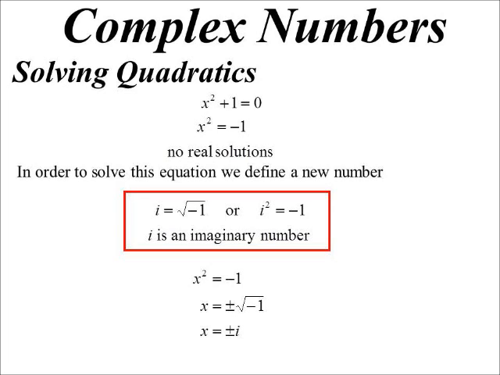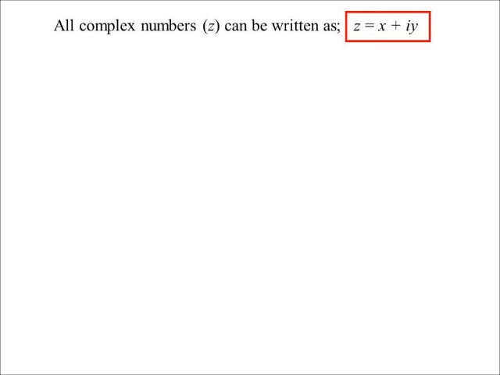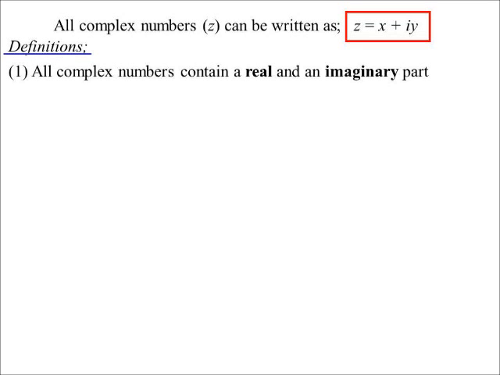Right. Now, all of our complex numbers can be written in the form x plus iy. And the most common letter we use is z. We sometimes use w. I mean, it's just a pronumeral at the end of the day. But you'll see z used a lot. And x plus iy. So let's define a few things. And what we say is every complex number has a real and imaginary part.